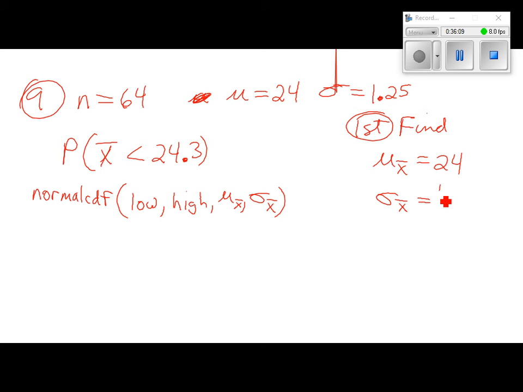The 1.25 divided by the square root of 64. Point 156. Now, be careful. We want from 24 down, so what's our low limit?